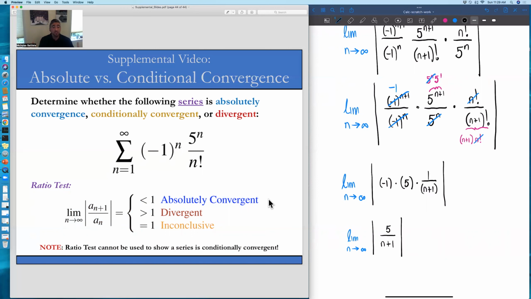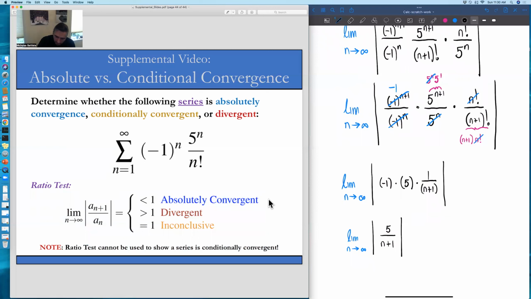If this limit is greater than 1, this tells us the series is divergent. If this limit equals 1, it's inconclusive, basically saying you probably applied the ratio test when we shouldn't have. Or we can use a different test to determine whether this is absolutely convergent or conditionally convergent. But the ratio test isn't going to help us out here.